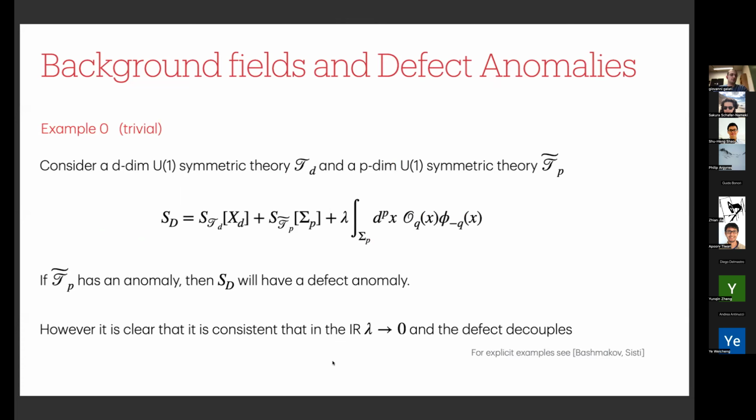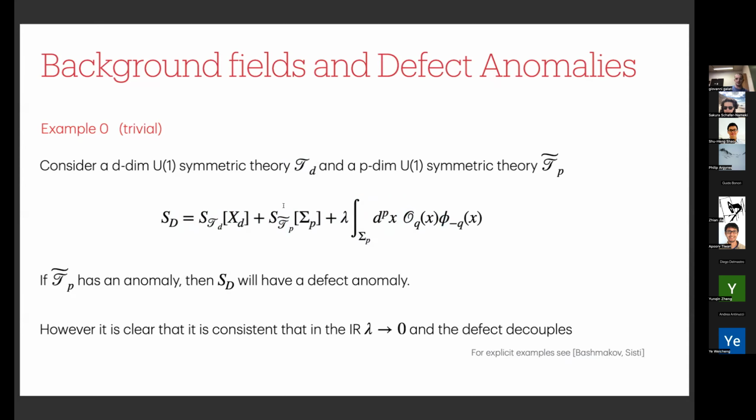So let me construct a defect by considering a d-dimensional theory T with a U(1) symmetry. Then we consider a p-dimensional theory T tilde with, again, a U(1) symmetry, and we construct this defect quantum field theory by summing the two actions and then introducing a coupling of the theory T tilde to the theory T. So O will be a bulk operator of charge Q under the U(1), and phi will be a defect operator, in the sense that it is an operator of the theory T tilde which has charge minus Q under its U(1) symmetry.